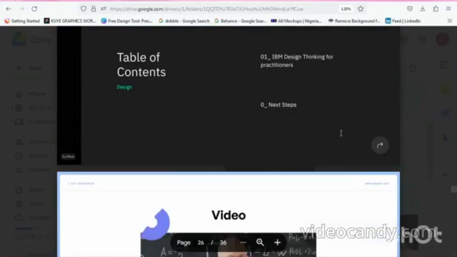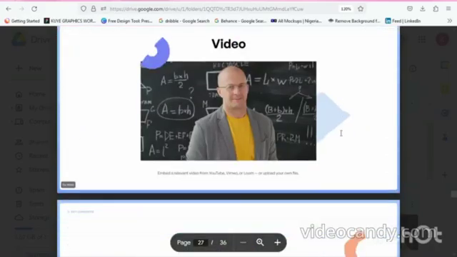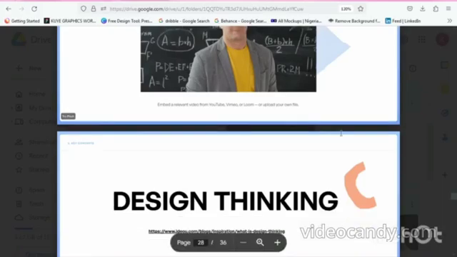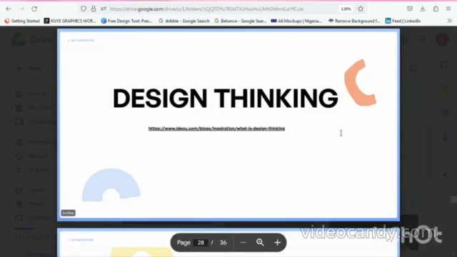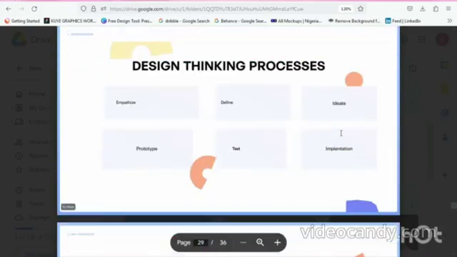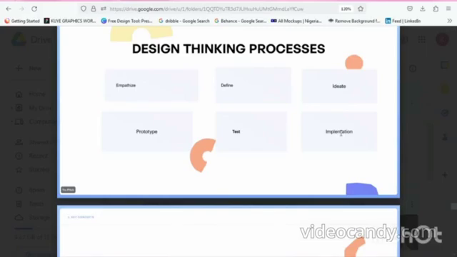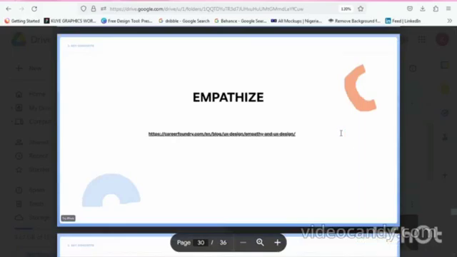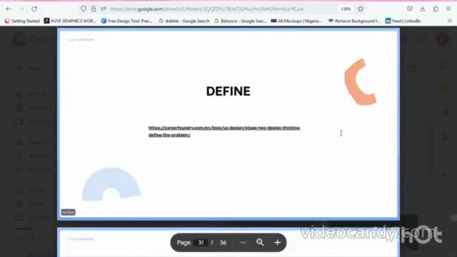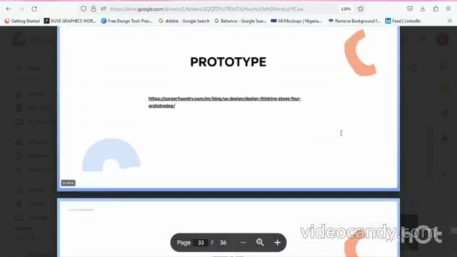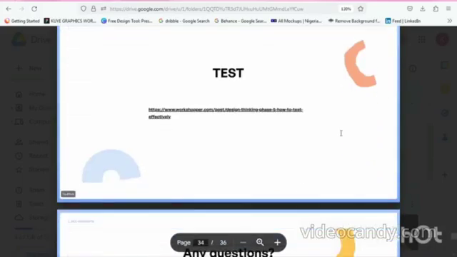So this will be talking about design thinking. We are back to design thinking. Design thinking was a philosophy developed by IDEO. There is a link attached that you can read about design thinking. We have the design thinking process: empathize, define, ideate, prototype, and test.